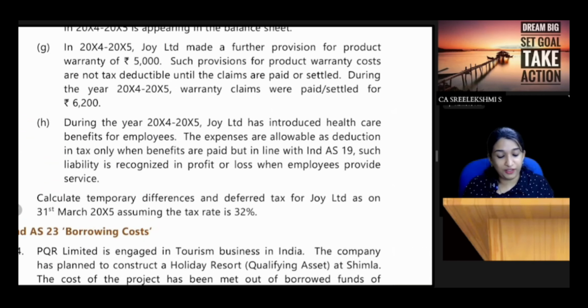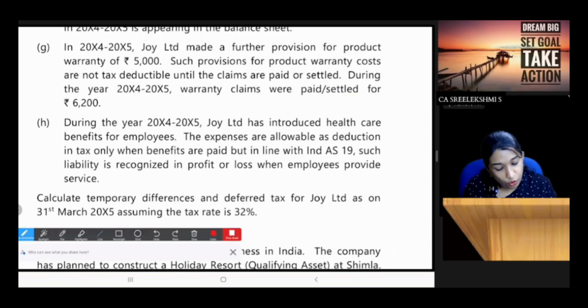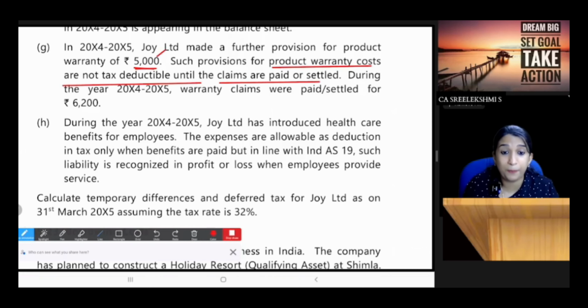In 14-15, Joy Limited made a further provision for product warranty, 5,000. Further provision, so maybe there is already a provision. Further provision they created 5,000. Such provision for product warranty costs is not taxable until the claims are paid or settled. So you are selling some products, on that you give warranty.